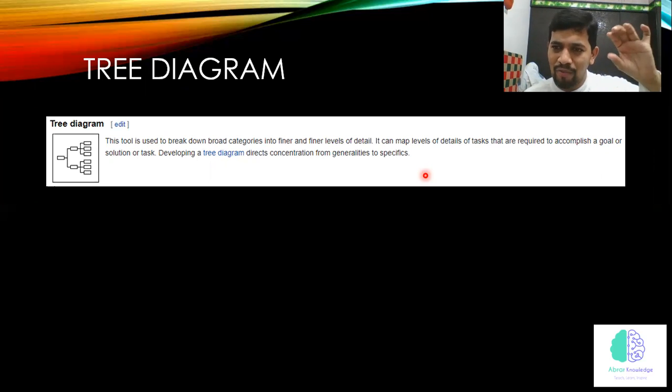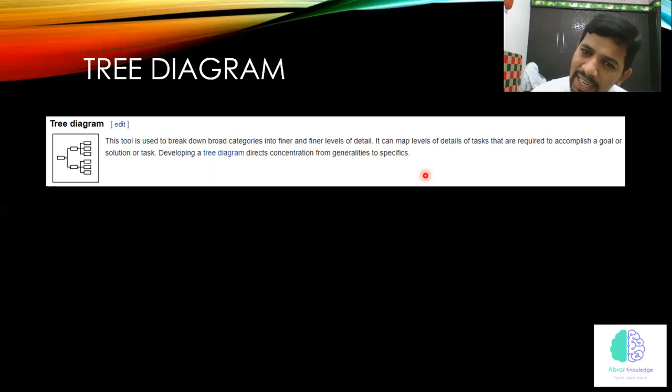Tree diagram is mainly used for folder structuring. If you want to have a parent folder, subfolder, even a further subfolder and all that. This tool is used to break down broad categories into finer, thinner levels of detail. If you want a thinner level of detail, the best diagram is the tree diagram. It is also called the funnel approach. You have big ideas, you want to cluster them down to smaller, further smaller, further thinner, then this can be used.